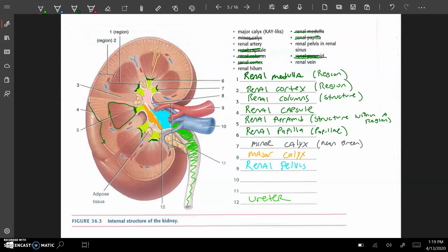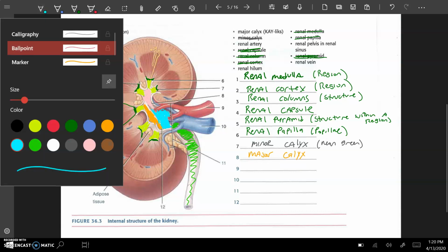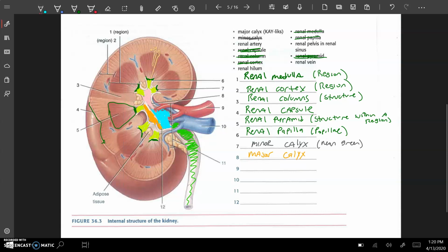Wait a second. I mixed them up, didn't I? Sorry. I wrote renal pelvis in the wrong spot. I was just thinking they were going in order. The renal pelvis is actually number 12, and the ureter is going to be unlabeled, so we'll just add it here.